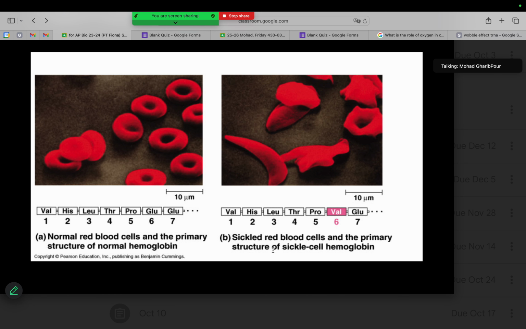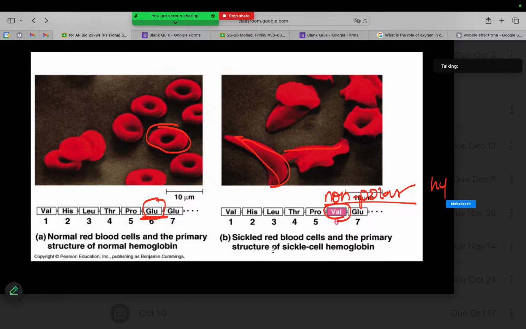Okay, so in sickle cell, the reason why you see these sickle shapes in red blood cells, and not this plump donut type shape, is because in position 6 of our amino acids, we go from glutamine, which is a polar molecule, to valine, which is non-polar. Non-polar means hydrophobic.